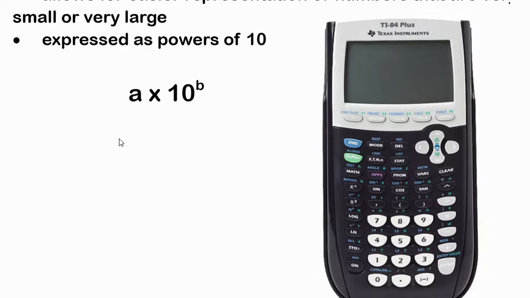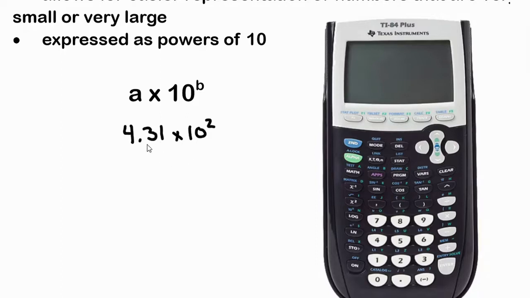So for example, I could write 4.31 times 10 to the second. So this is 3 sig figs, right? 1, 2, 3. Always, and we'll always use 3 sig figs. So putting things in scientific notation is an easy way to always have the right number of sig figs.